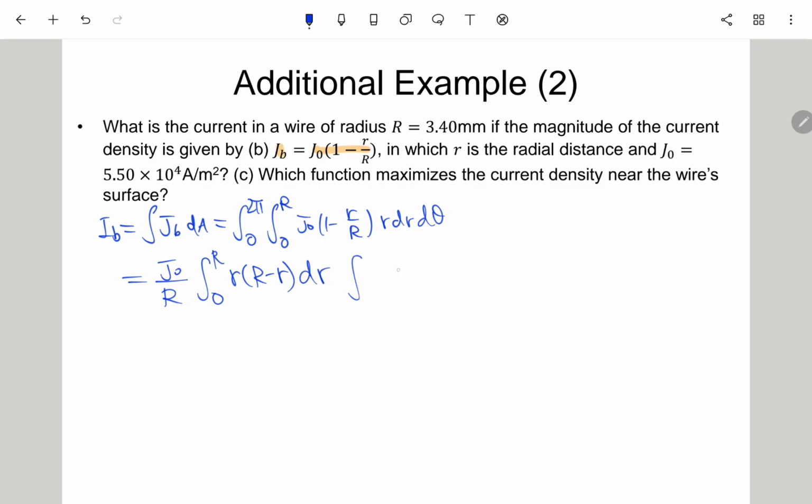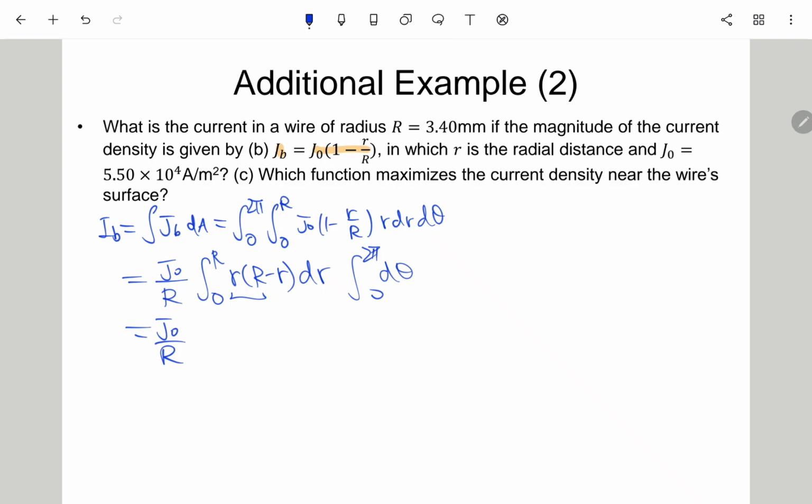And then we have an integration of d theta from 0 to 2 pi. So J0 over R here. For the first one, r times capital R. If you integrate that, it becomes R times small r squared over 2.